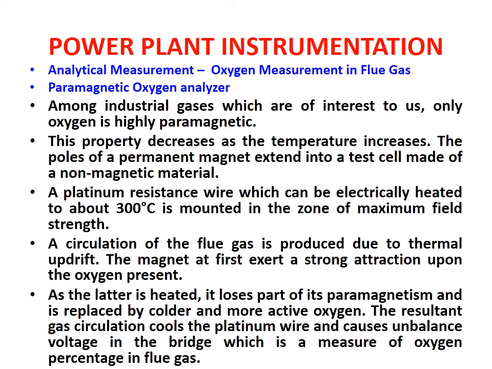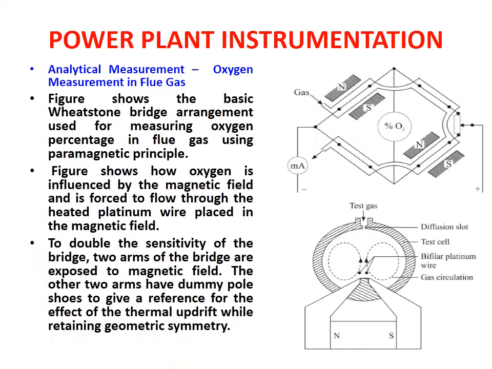Due to this, the oxygen percentage in the flue gas can be measured, because the unbalanced condition will create an electrical signal, which can be calibrated for measuring the oxygen percentage in flue gas. Then going to the next slide.